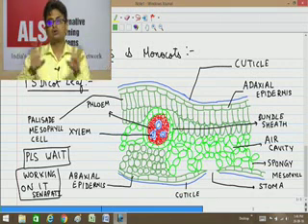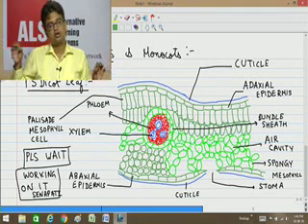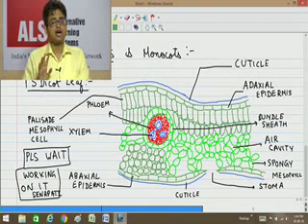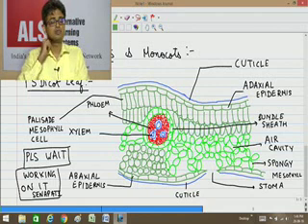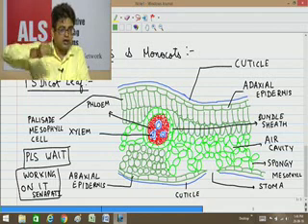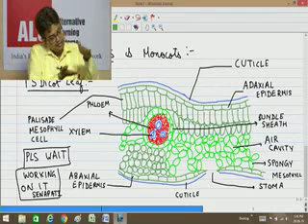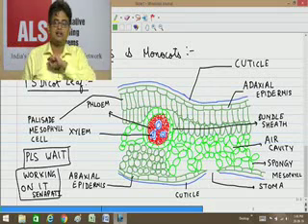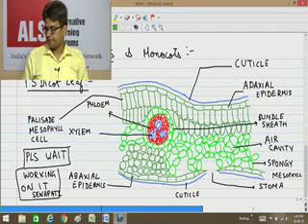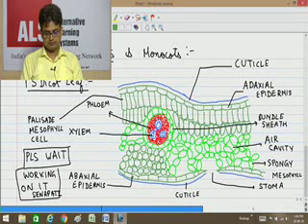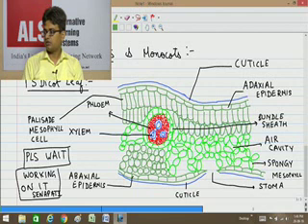It's better not to draw any stomata, or not to say that there are stomata on the upper surface. If there are, there will be very, very few in number. Most stomata or all stomata are located on the lower leaf surface. Can anybody tell me the reason why?